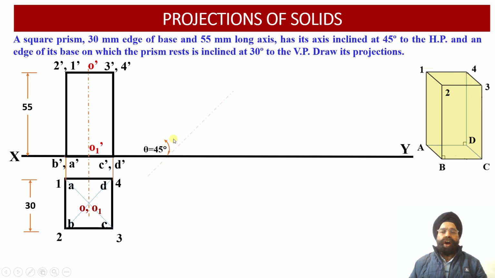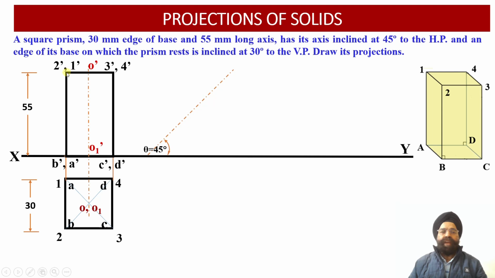Now we have to draw the axis inclined at 45 degree with respect to the horizontal plane. If the axis of the prism is inclined at 45 degree, then the base of the prism will be inclined at 90 degree minus the axis inclination, that is 90 degree minus 45 degree, which means 45 degree.